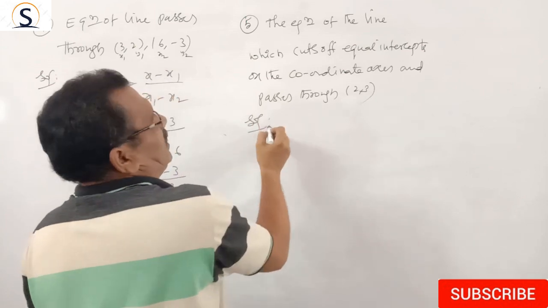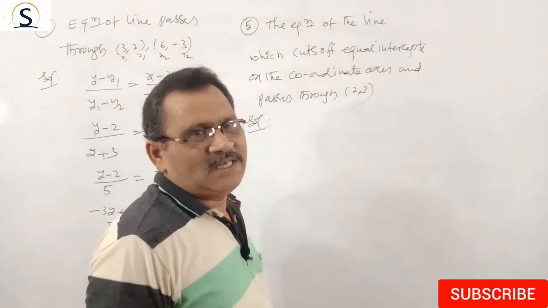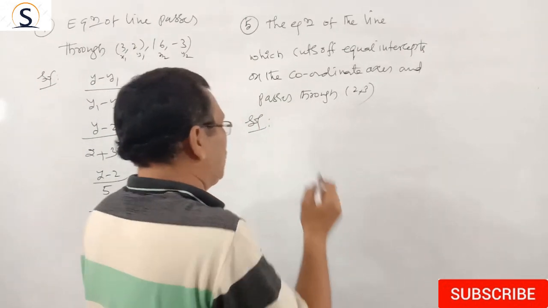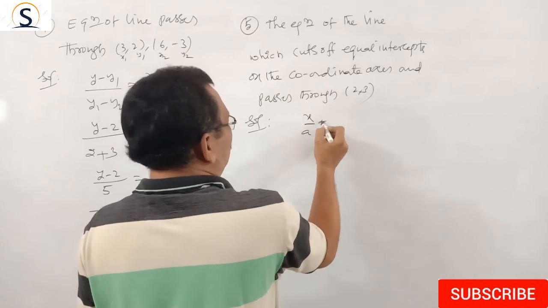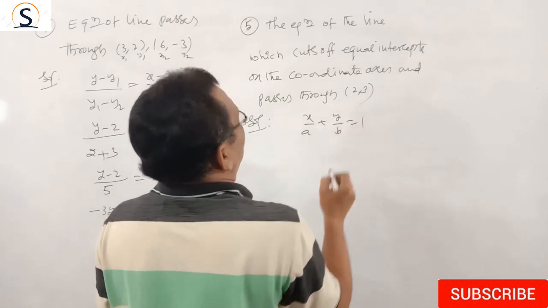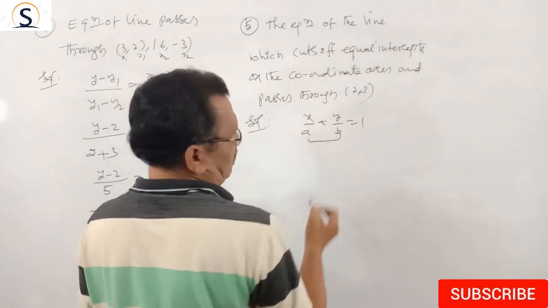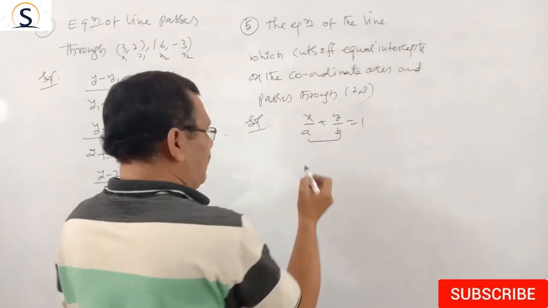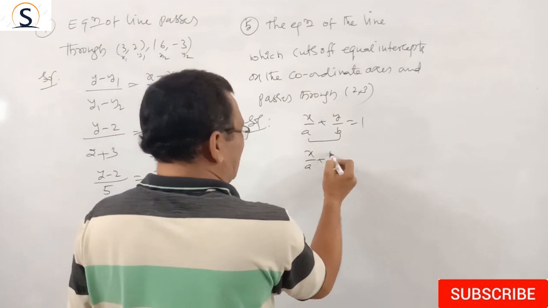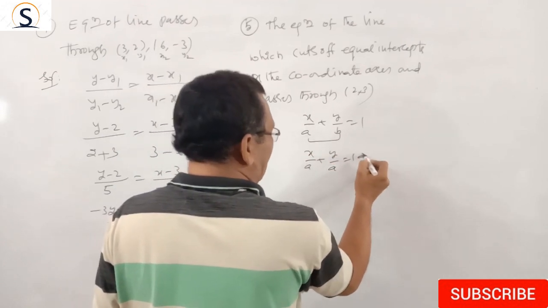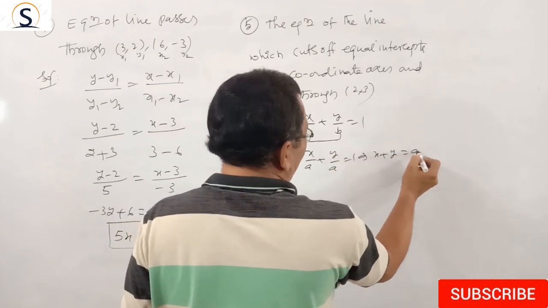You know, the intercept form is x by a plus y by b is equal to 1. Cuts off equal intercepts, both are the same. You take the same symbol, that is x by a plus y by a is equal to 1, or x plus y is equal to a.